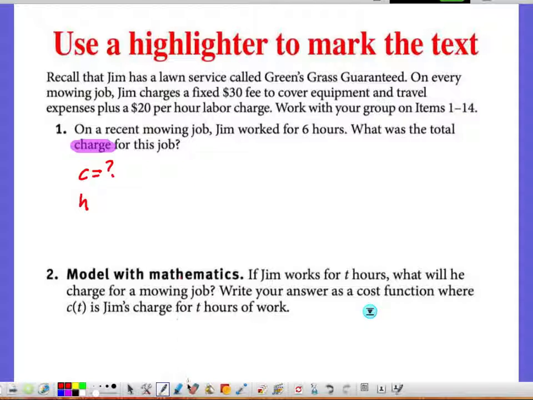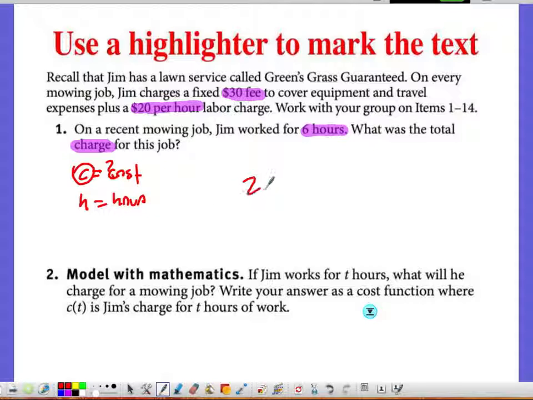So what was the total charge here? Well, let's look at the information. We know that we worked for 6 hours, and there's a fixed $30 fee, which means you get charged once, and $20 per hour for a labor charge. There you go. Just put the information together. So we know that we want to find what the cost is, and we know how many hours we have.